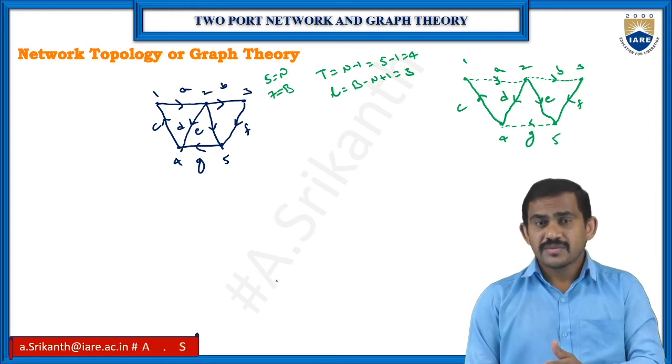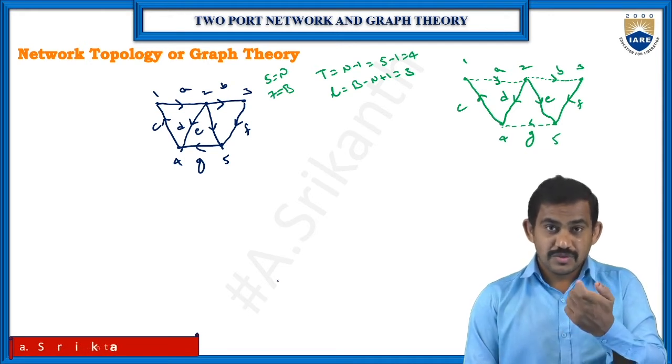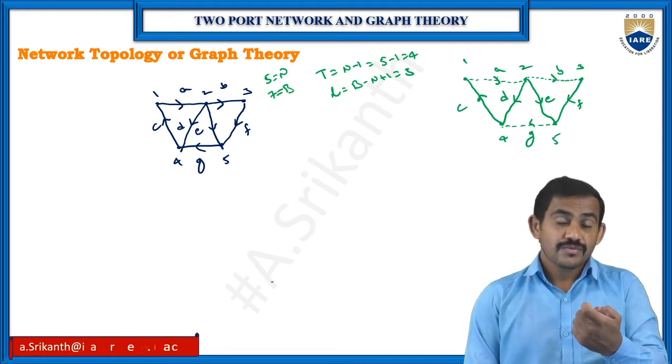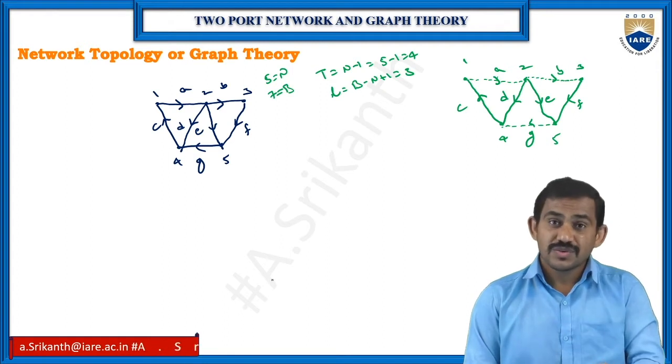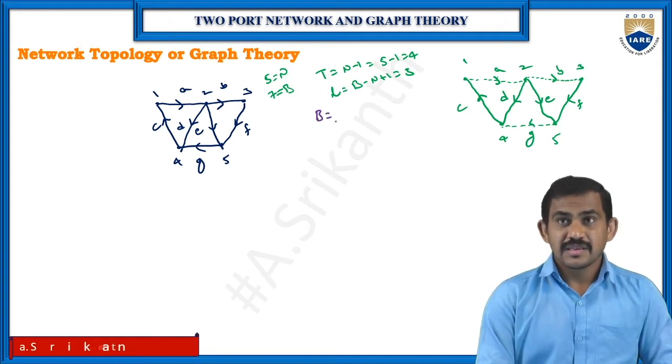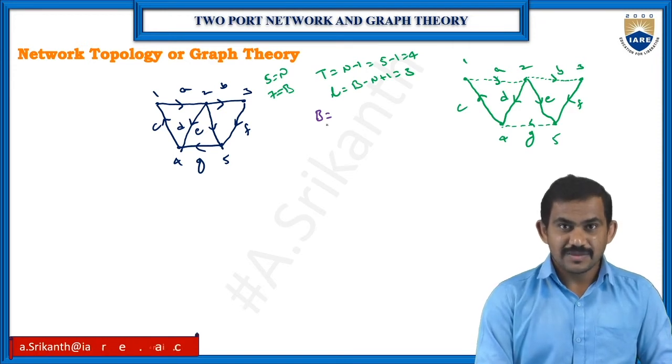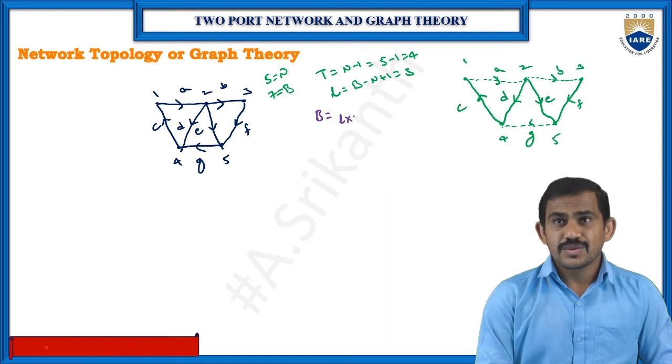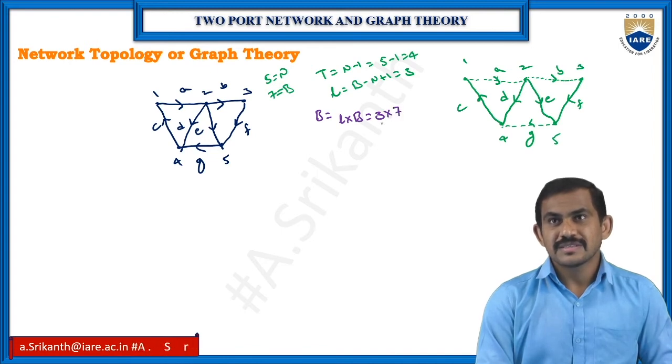From that virginal graph, we have trees and co-trees. Using the co-trees, we need to write the B matrix. How many co-trees do we have? We have 3. So for the B matrix, the rows and columns are links by branches. So for this graph, we have 3 by 7 branches.